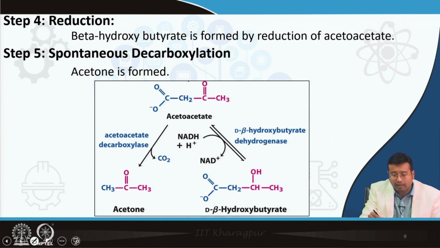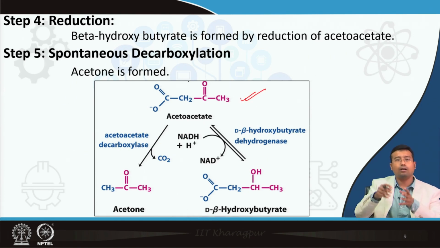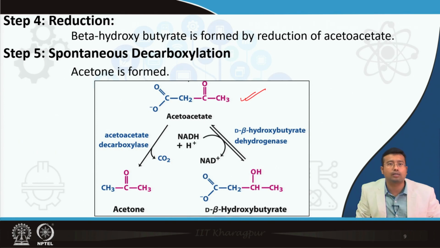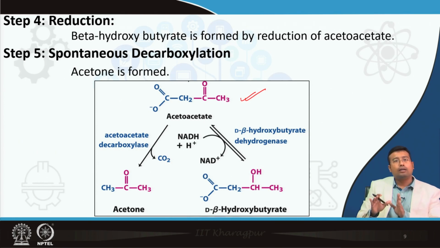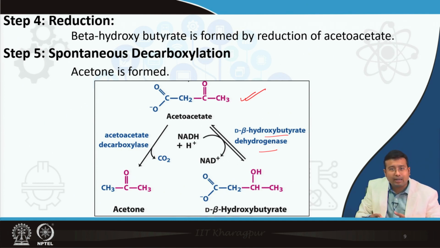So, acetoacetate is formed, this is the primary ketone body, and in the next step what happens? From this acetoacetate, two secondary ketone bodies are formed. One is via reduction, by the enzyme beta hydroxybutyrate dehydrogenase. This is the enzyme that forms beta hydroxybutyrate, and this reaction is reversible.